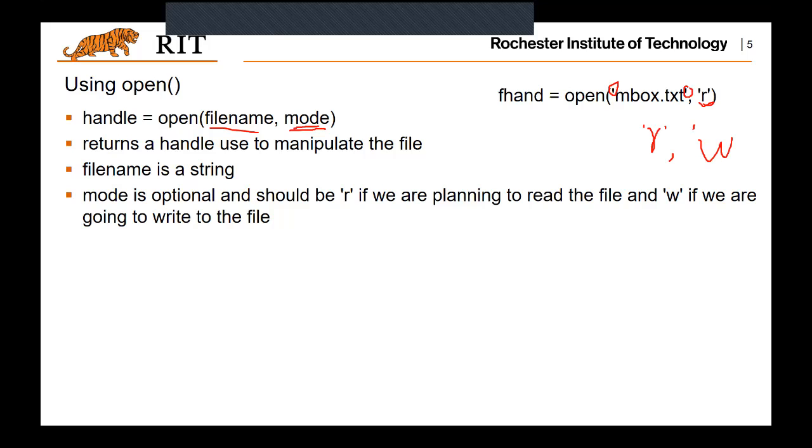That could be W, which means write. If you want to store some information to the file, then put W here. But for file reading, that is R, all right? And this open function will return, again, a handle, which is used to manipulate a file.